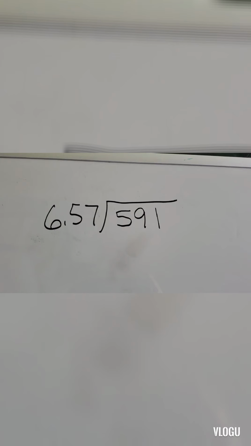Will 657 go into 5? No. Will 657 go into 59? No. Will 657 go into 591? No. Will 657 go into 5,910? Yes. So this is where my guess number is going to go, right up here.